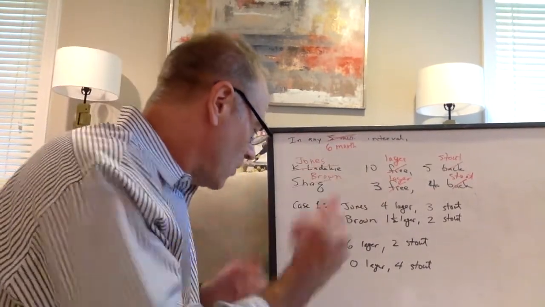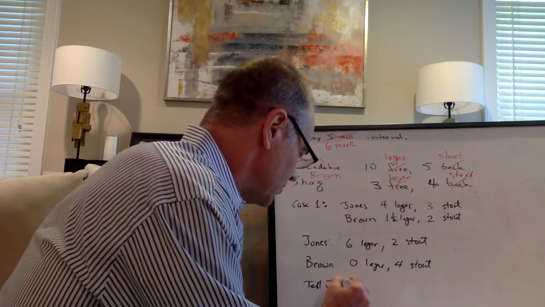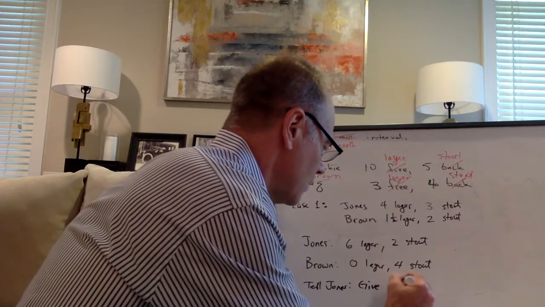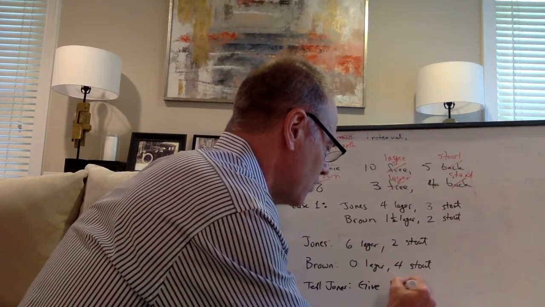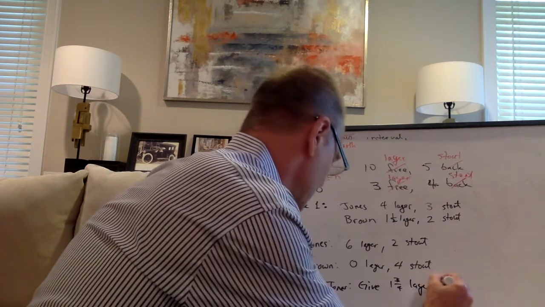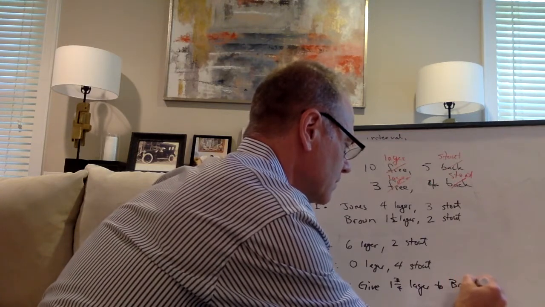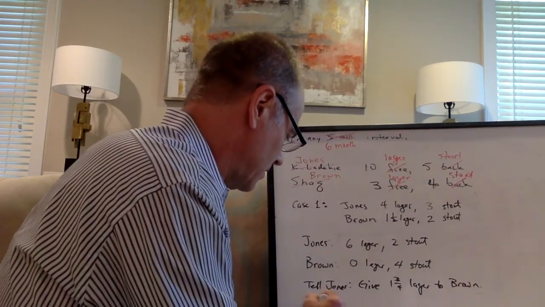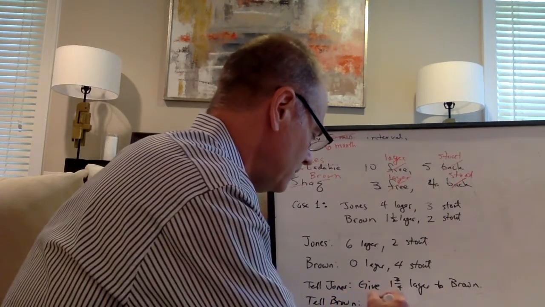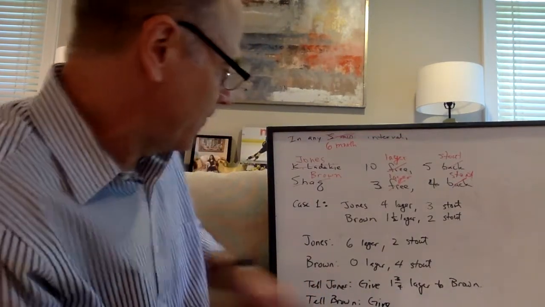Okay, so what we do is first we tell Jones, give 1 3/4 gallons of lager to Brown, and we tell Brown, let's make them both better off.